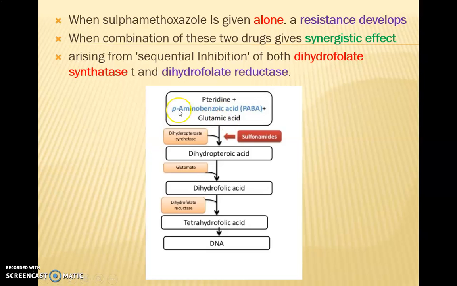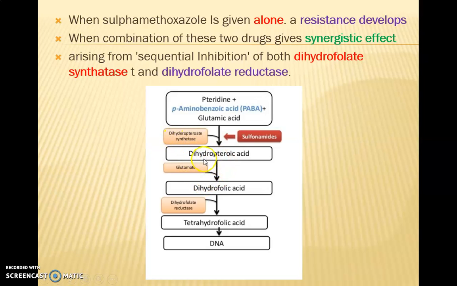So if we see the mechanism, these are the precursors or the steps of the biosynthesis of tetrahydrofolic acid. In the first step, these all 3 components, that is pteridine, para-aminobenzoic acid and glutamic acid, will combine to form dihydropteroic acid, by the enzyme dihydrofolate synthetase.